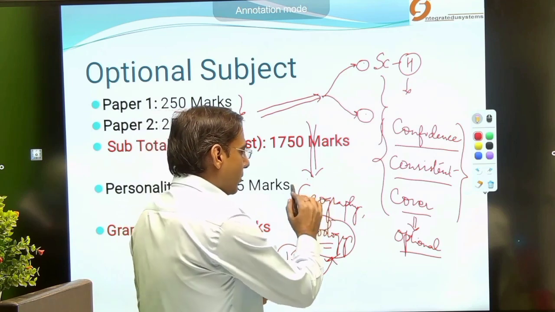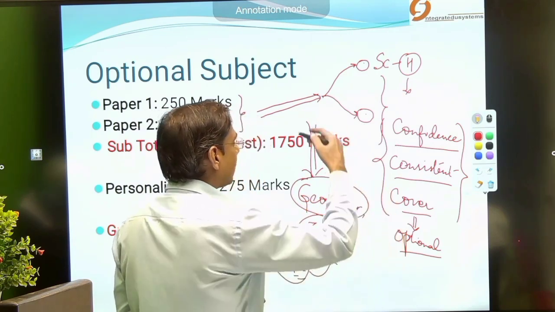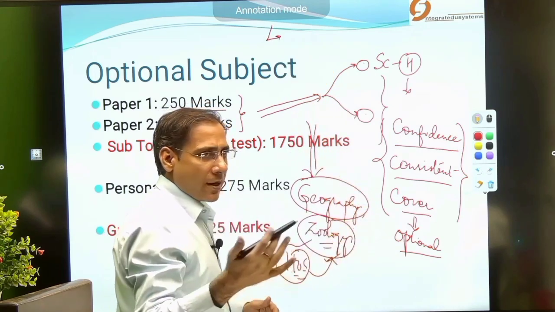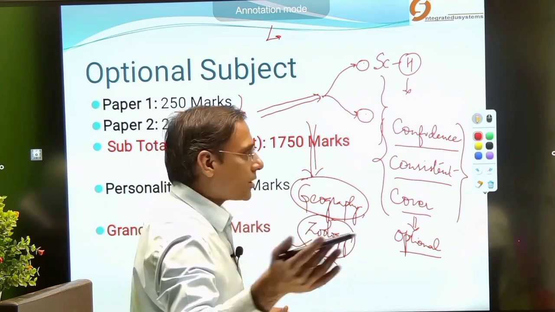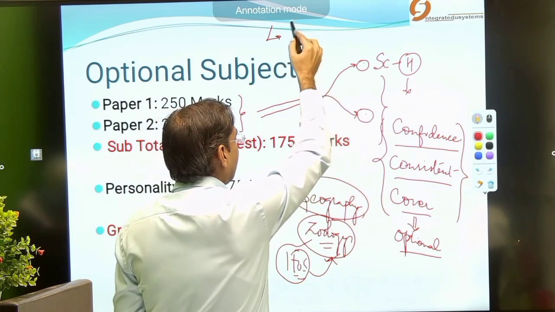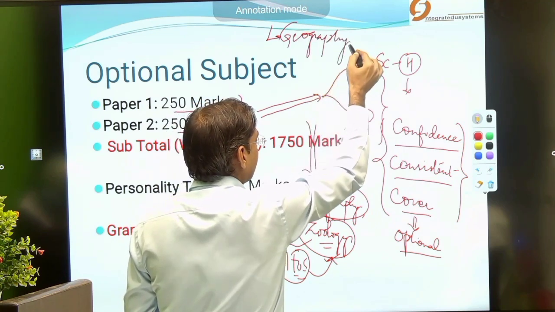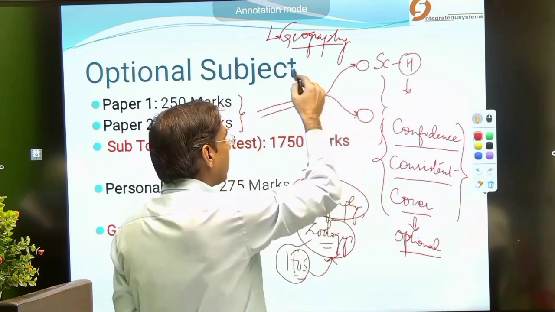But what we often find, when you look at the recent trend of aspirants who make their name in the final merit list, is that a few optionals have been very popular in the recent past, or you can say in the last decade.